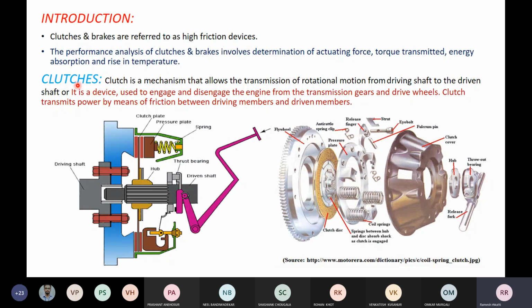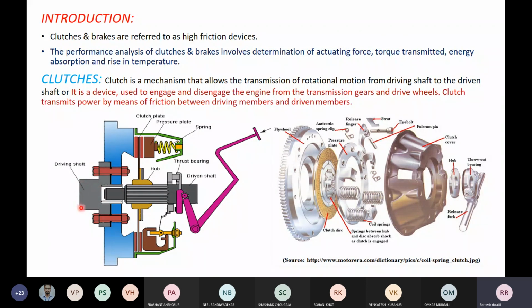Now we'll see what we mean by a clutch. As we know, in two-wheelers as well as four-wheelers, we use these clutches. A clutch is a mechanism that transmits the rotational motion from the driving shaft to the driven shaft.